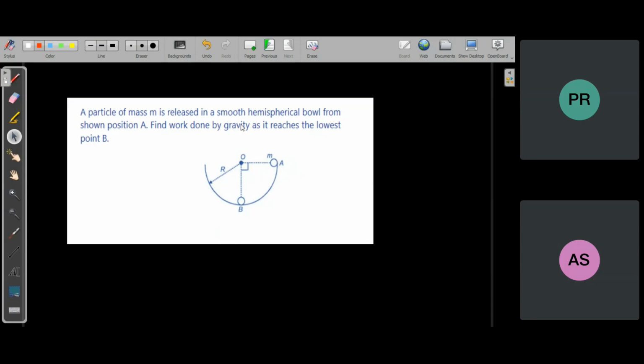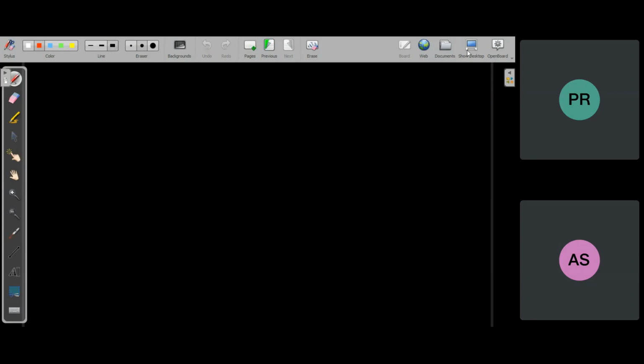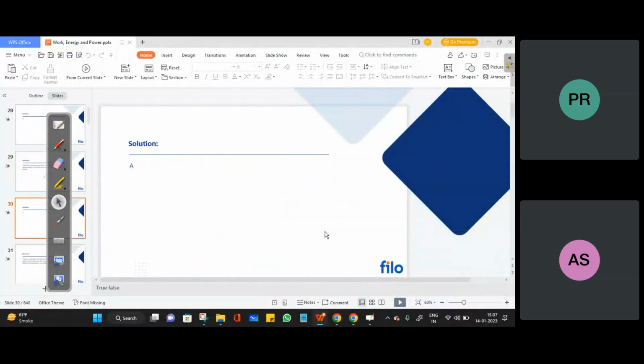Also, there is a displacement condition. So displacement, find one minute, is 0, cos theta, the r of displacement. Sir, MGR is the work done by the gravitation force. Yeah, correct.